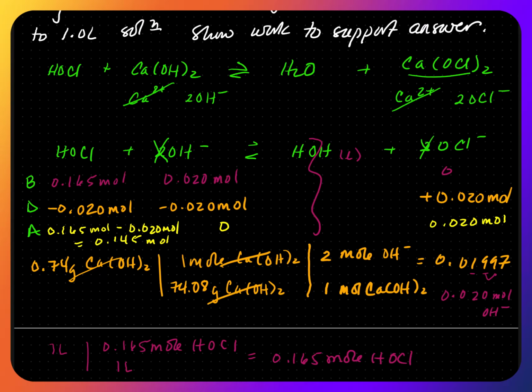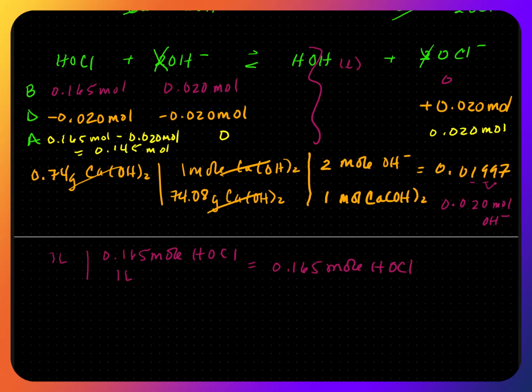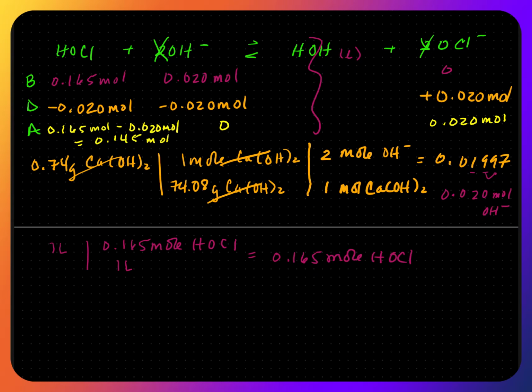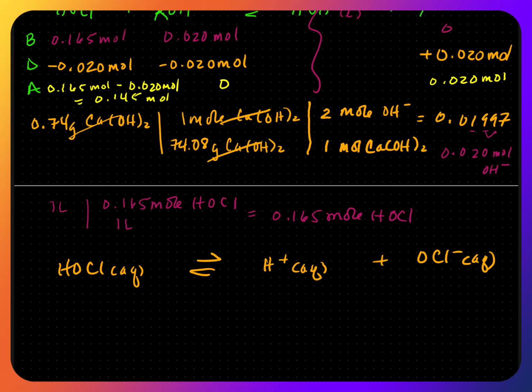So my equilibrium equation for my ICE table will start with my acid dissociation. HOCl(aq) is going to ionize or dissociate partially into H plus (aq) plus OCl minus (aq). So my ICE table: initial concentration is not 0.165.